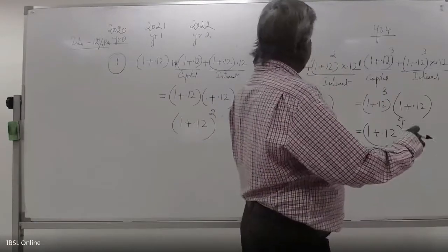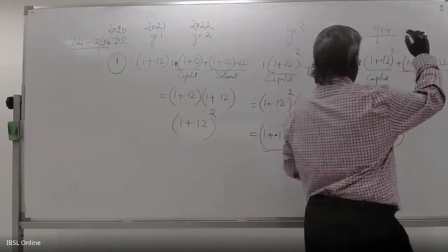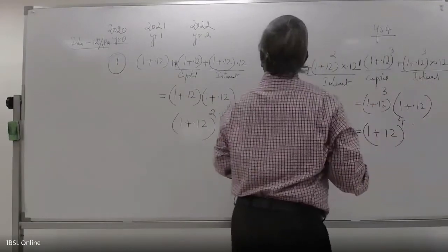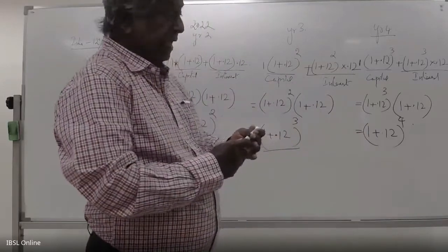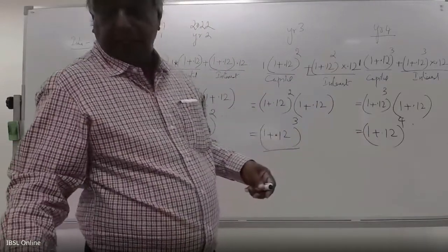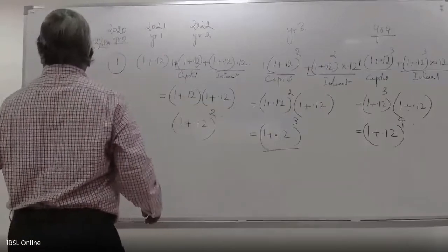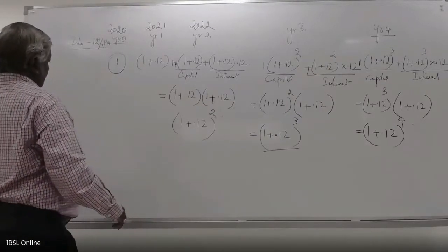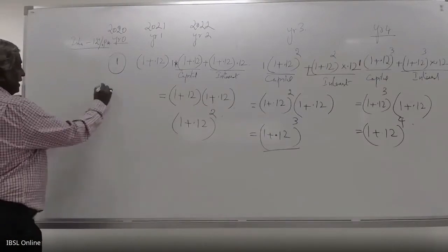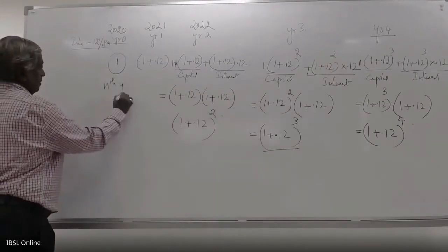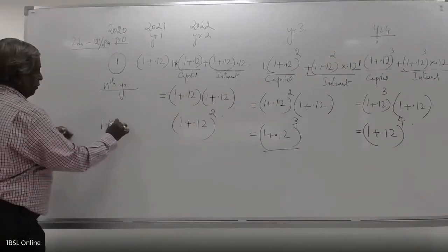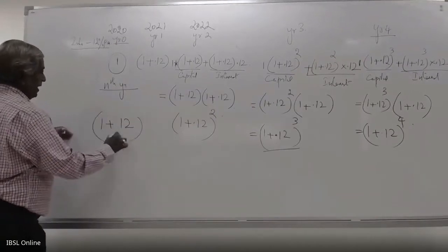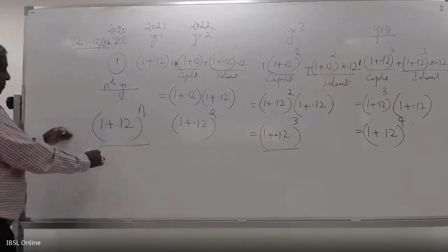So in the nth year, I will erase a portion of this one and write it. In the nth year, this will be 1 plus 0.12 to the power n.